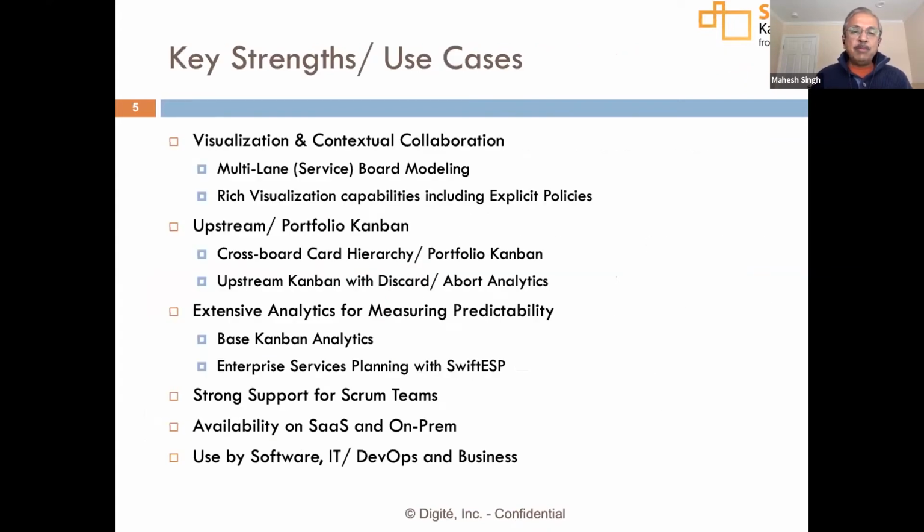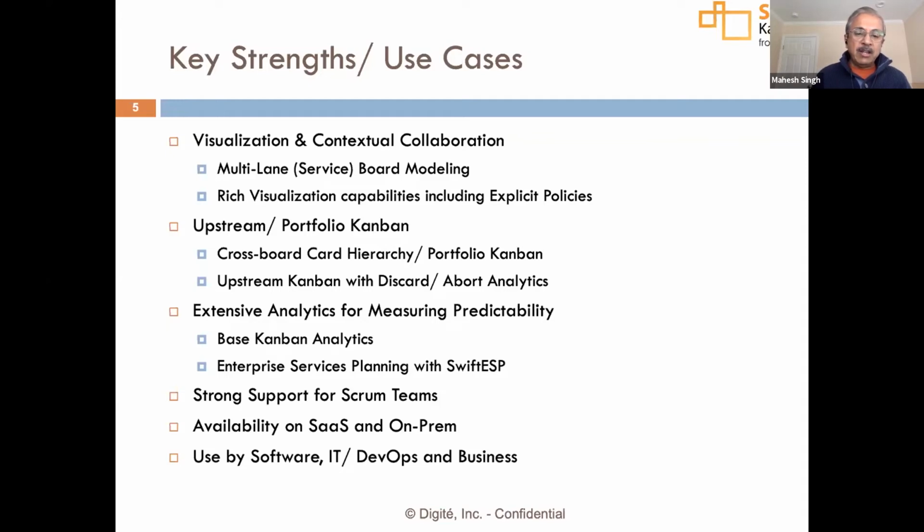I'm going to talk a little bit about the various capabilities that Swift Kanban provides to you, especially in these times of focused remote work and collaboration. To the points that Fernando mentioned, I just want to talk about the visualization capabilities, the upstream and portfolio Kanban capabilities of Swift Kanban, and how our customers use them. The analytics that we provide, one of the things that we consider ourselves to be really strong in.